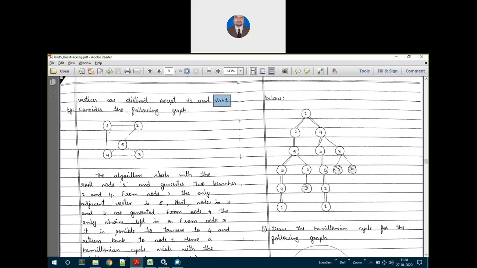So we start from one vertex and come back to the same vertex by making a round trip. We need to visit all other vertices exactly once except the first vertex, because we are returning back to the first vertex.